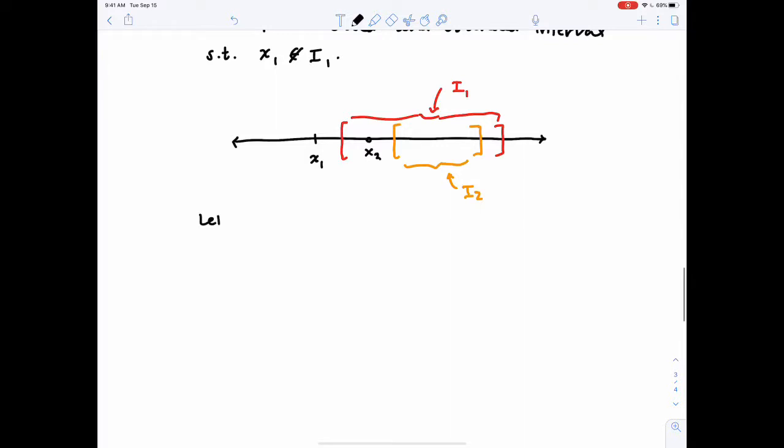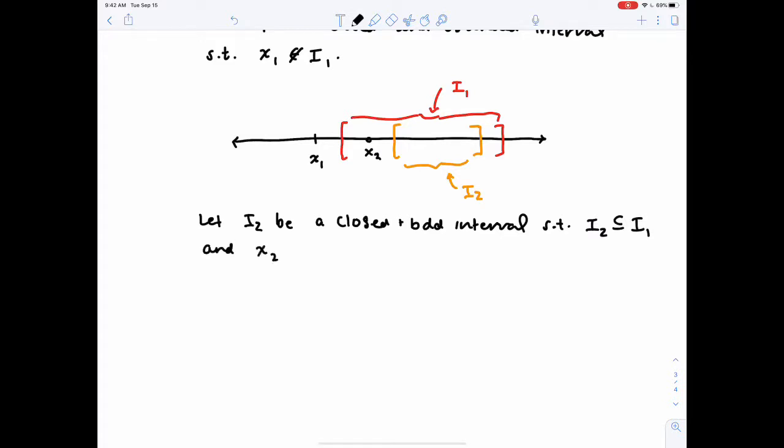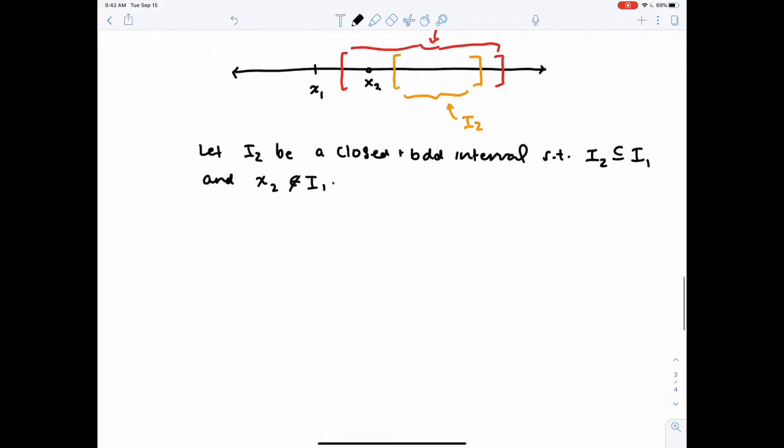So here, let I2 be a closed and bounded interval such that I2 is a subset of I1 and x2 is not in I2. And then we want to continue this process.